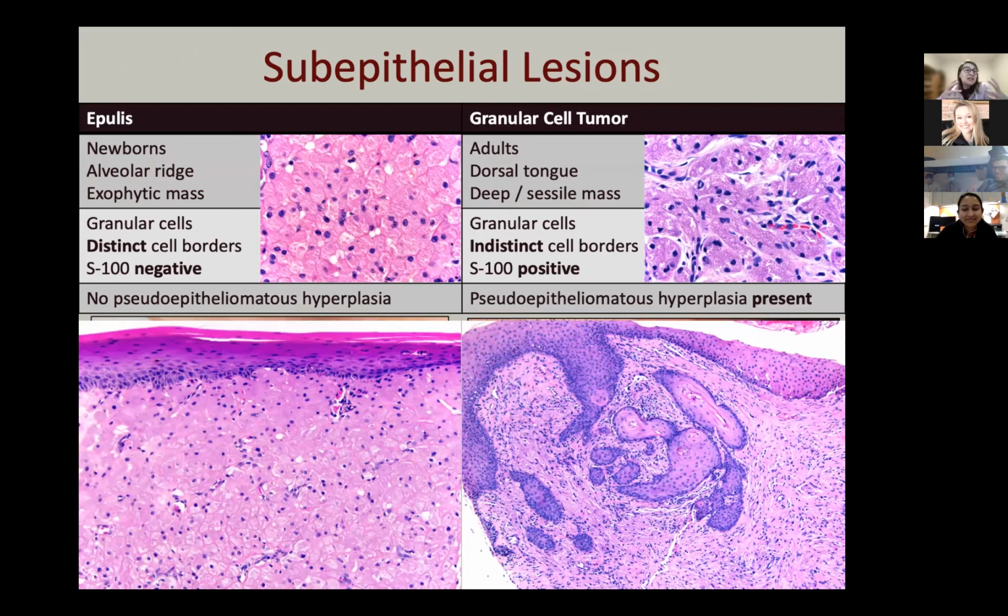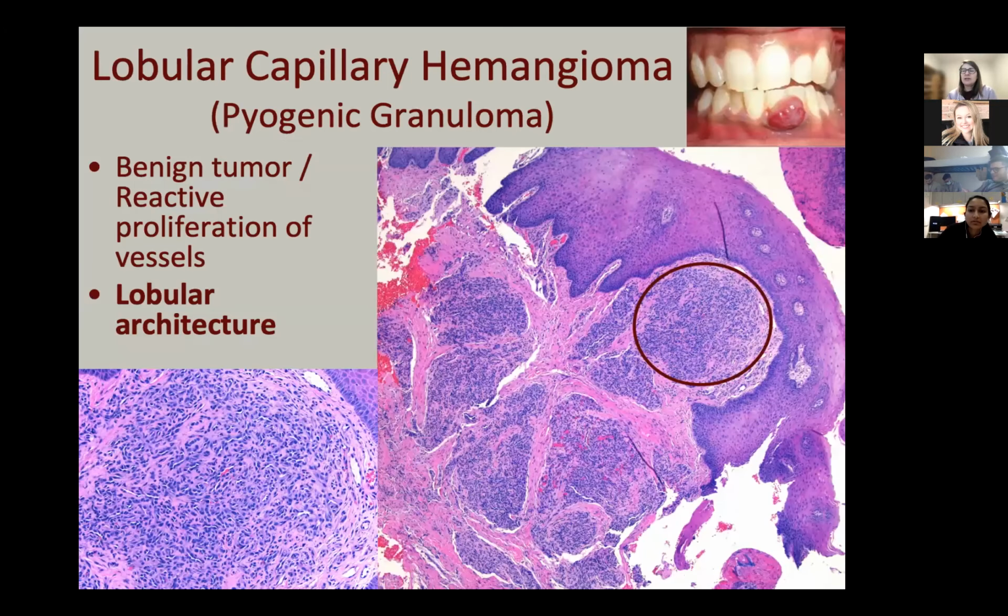Clinically, they may manifest similarly as a protrusive lesion off of the gums, but really histologically, epulides are very specific, as you can see with these very distinct granular cells in the stroma. Pyogenic granuloma, to me, is also a very specific diagnosis of this lobular capillary hemangioma.